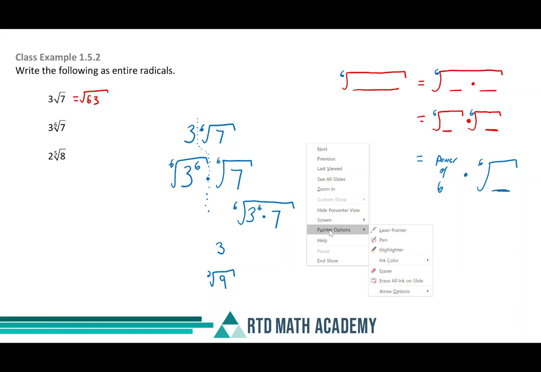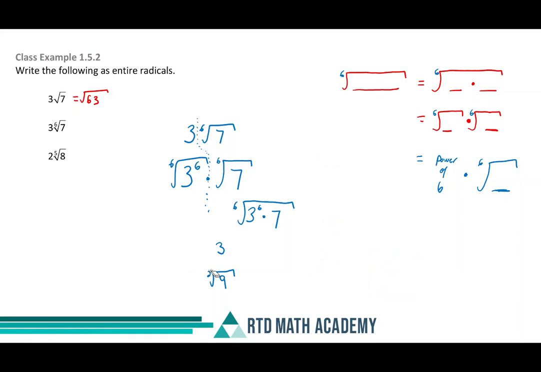Now 3 to the power of 6, let's put that into our calculator. I don't know that one off the top of my head, so I'm assuming we're all going to need a calculator here. 3 to the power of 6 happens to equal 729. I'm still multiplying it by my 7, and I've still got my index of the 6th root.